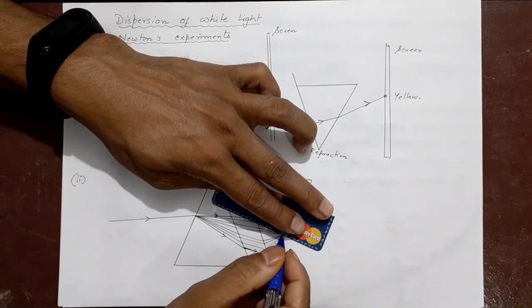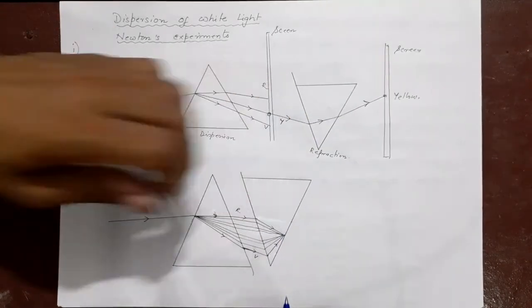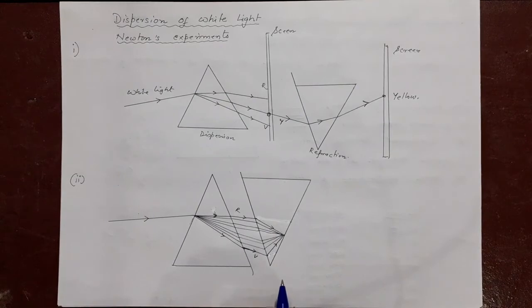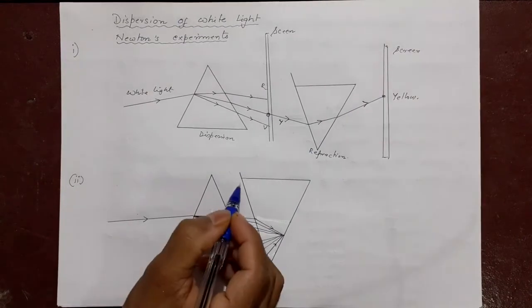Okay, the concept is that the prism is the important thing. The prism is doing everything. Okay, the prism is breaking the white light into 7 different colors. So light actually has those 7 colors in it, and one prism has done it, the other prism has undone it, the opposite. You understand?